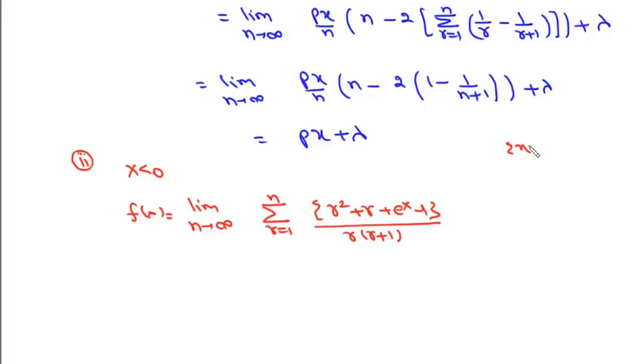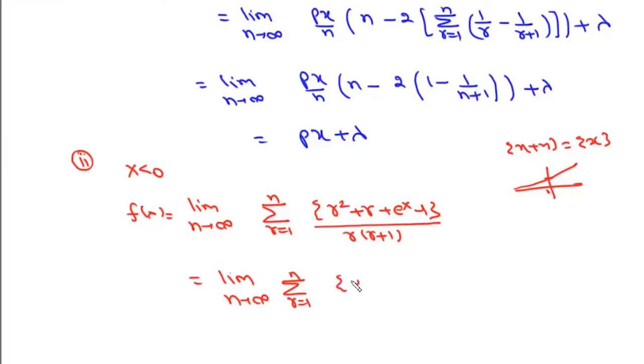Now we know that the fractional part of x plus n is equal to simply the fractional part of x. So we can write this as limit n tends to infinity, this summation r varies from 1 to n. All these integers will be removed, so it will be simply the fractional part of e to the power x upon r plus 1, and also when x is less than 0, e to the power x lies between 0 and 1, so its fractional part will be the same as e to the power x.